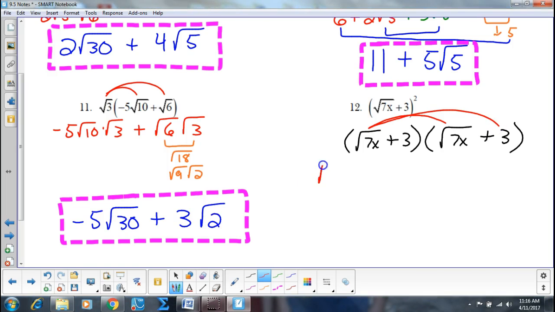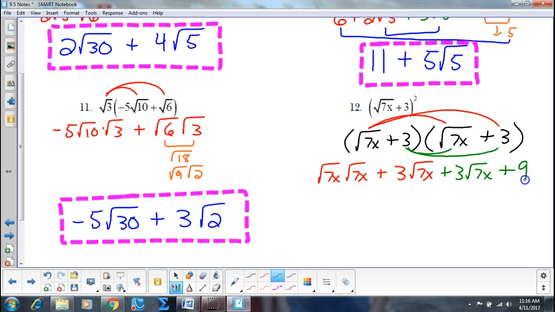So that gives me the square root of 7x times the square root of 7x plus 3 times the square root of 7x. Then I got to distribute in the 3. That's going to be plus 3 times the square root of 7x plus 9.